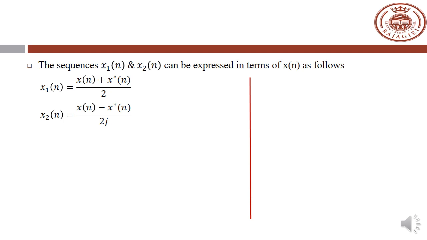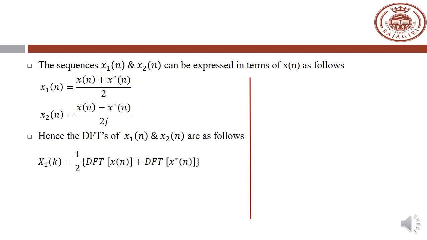On taking the DFTs of x1 of n and x2 of n, we get X1 of k is equal to 1 by 2 into DFT of x of n plus DFT of x conjugate of n. Similarly, X2 of k is equal to 1 by 2j into DFT of x of n minus DFT of x conjugate of n.